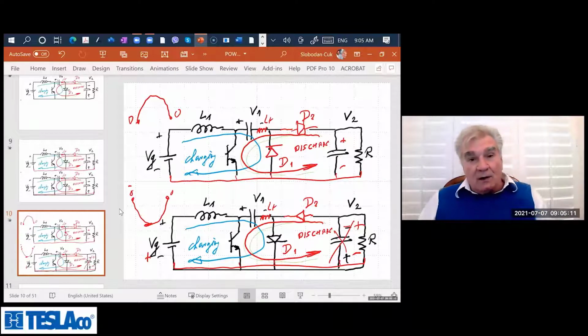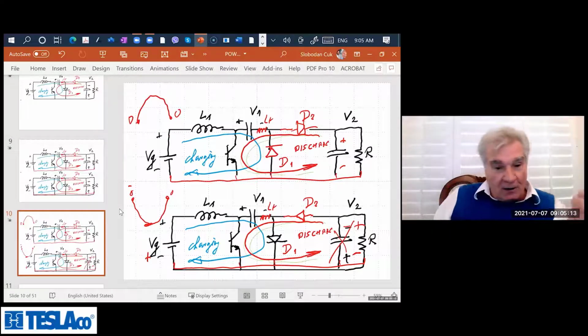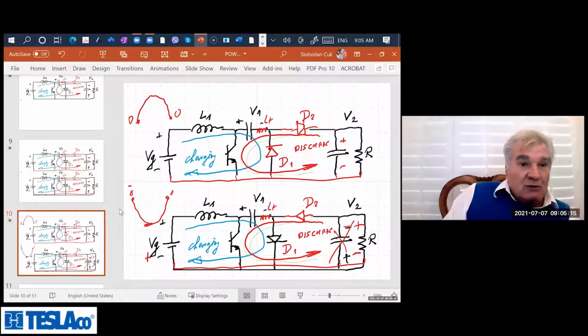So it tells you now that I have a topology which is much simpler, doesn't have an inductor on the output. It can accept the positive polarity on the input and negative polarity on the input, and essentially, hey, I can use this for power factor correction. This circuit can be used to make power factor correction. And then we'll talk about that more in the future.